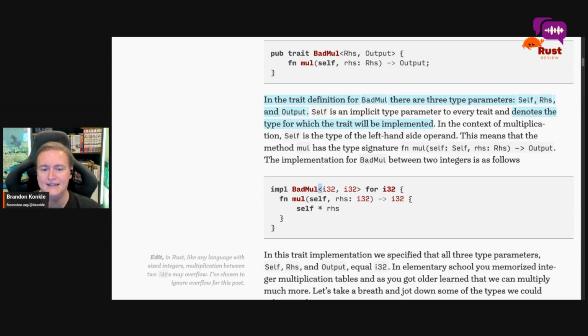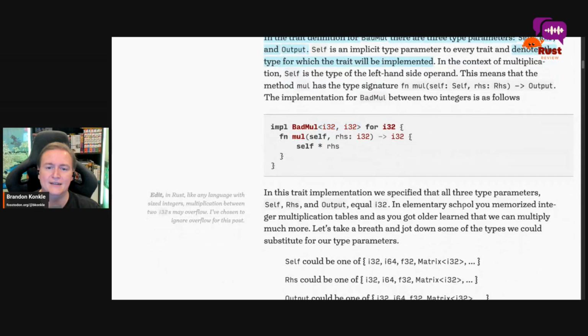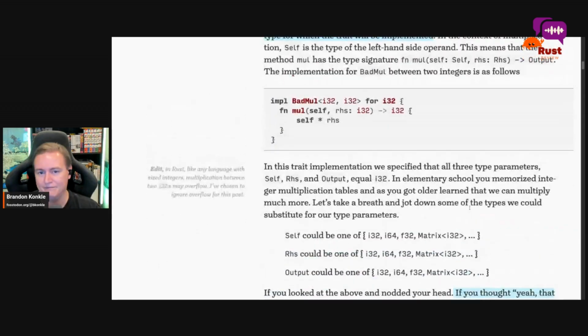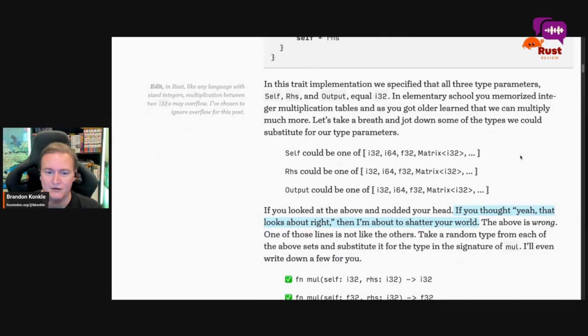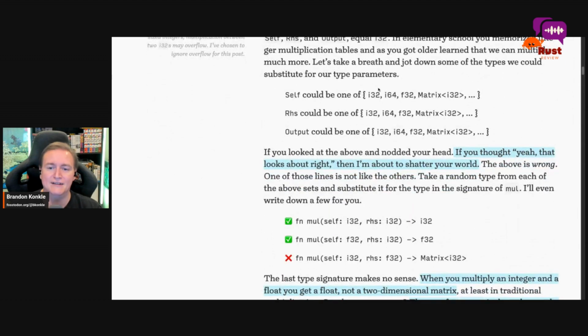And then obviously he's passing I32 for the other 2 parameters explicitly. And so he calls out, this looks fine at first. This looks like it's not a problem. But he says, let's take a breath and jot down some of the types that we could substitute for our parameters. And so he starts talking about the different available options.